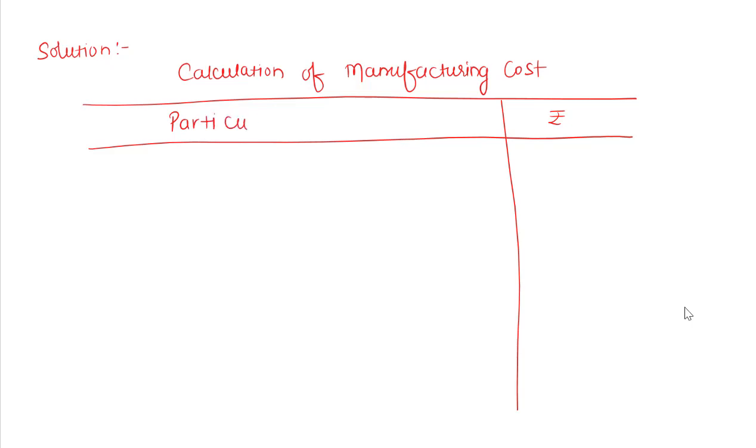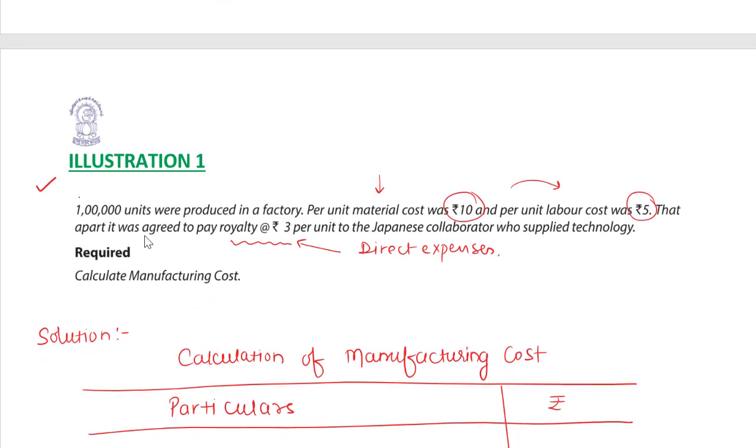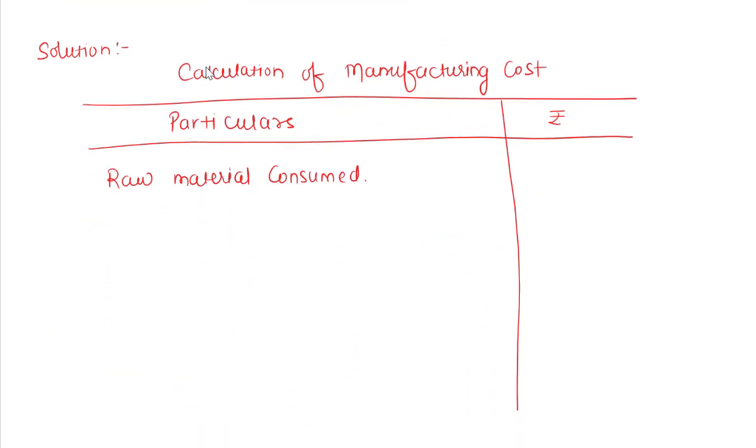Particulars, amount. Raw material consumed: 1 lakh units multiplied by rupees 10 per unit, which is 10 lakhs.